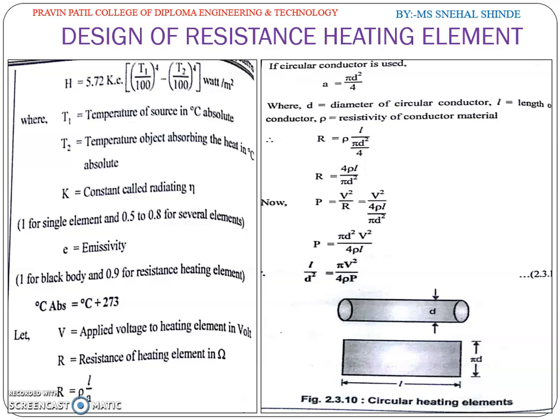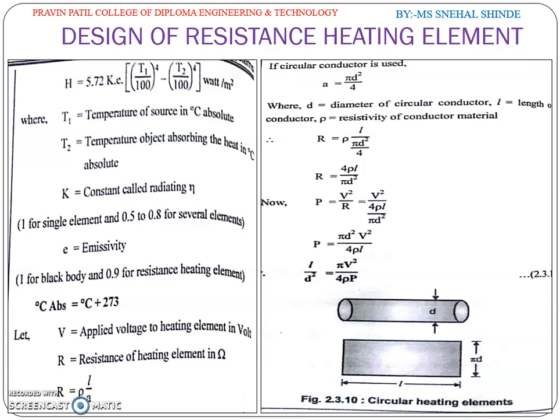E equal to emissivity, 1 for black body and 0.9 for resistance heating element. Degree Celsius absolute equal to degree Celsius plus 273.